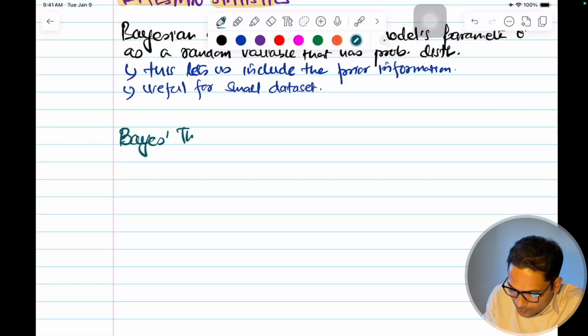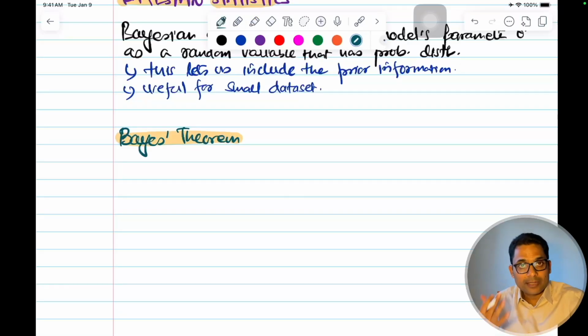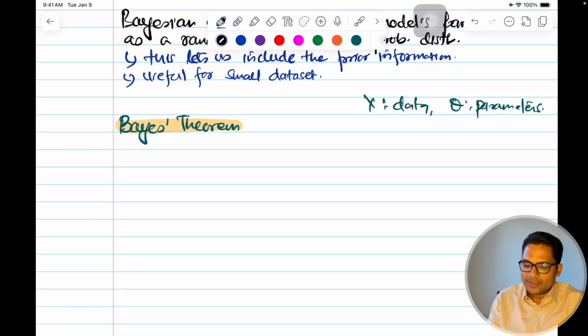So, Bayes theorem, I'll write it in terms of our context: the parameters theta and the data we have. Again, x1, x2, x is my data and theta is the parameters that I want to estimate. So how do we write it?